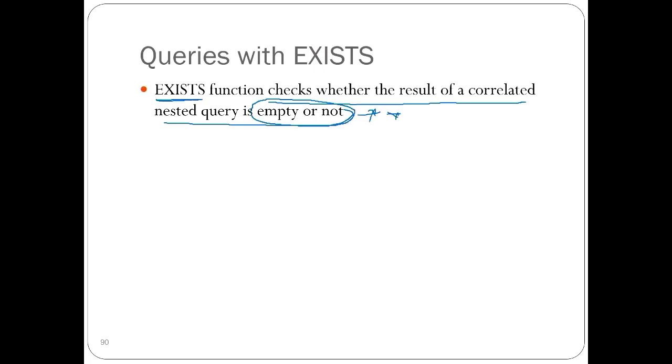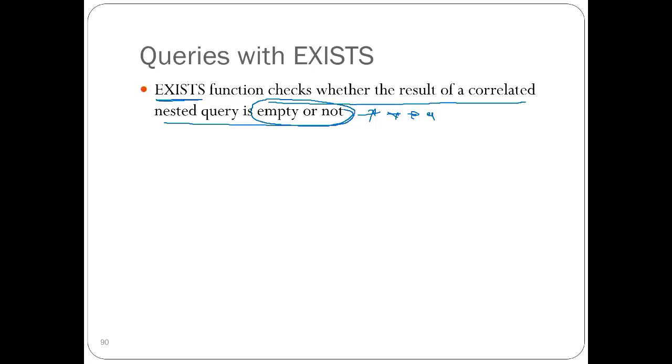This is something you need to keep in mind. And as it sounds, we will make use of the keyword exists along with not exists. So let's understand exists first, and then we will try to understand the inverse of this, which is not exists. It will return true or false depending on the result of the inner correlated query.